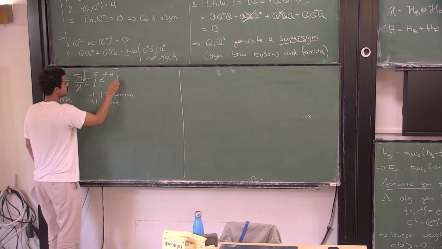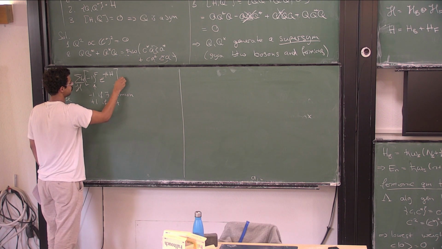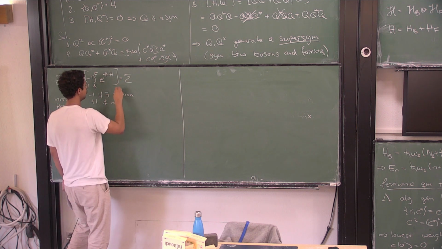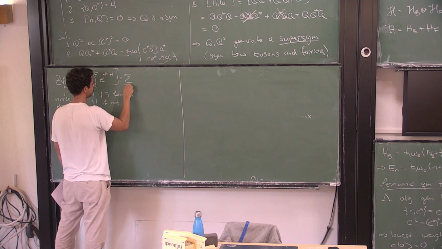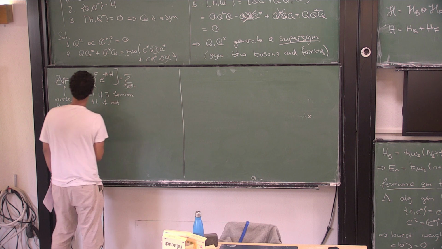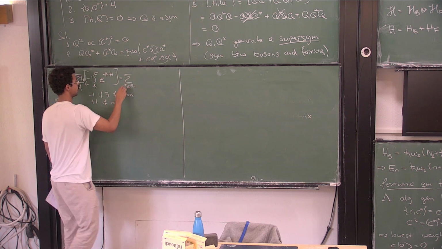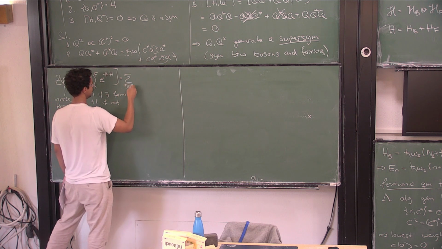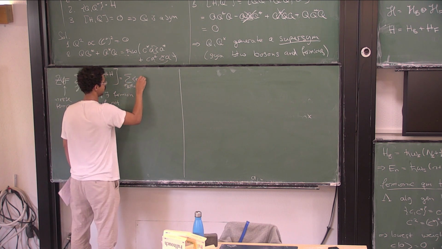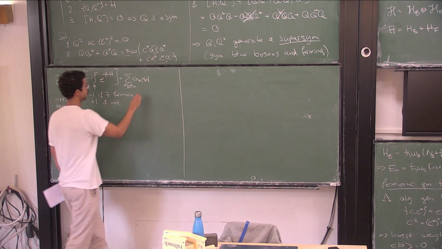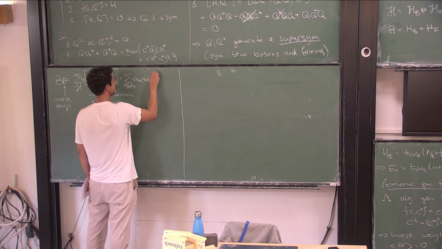And if you do this in the spaces, you sum over these NBs and NFs, right? NB and NF, so this is how usually you write the states.